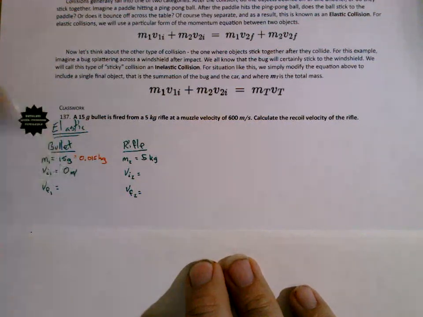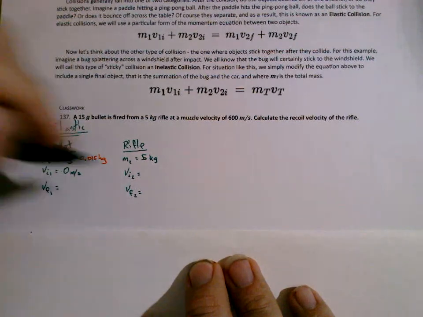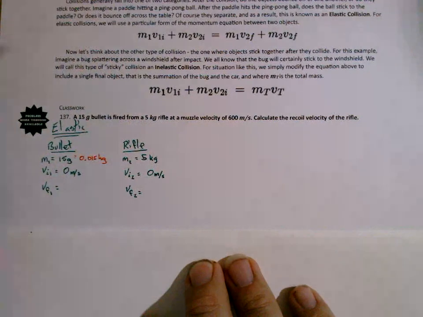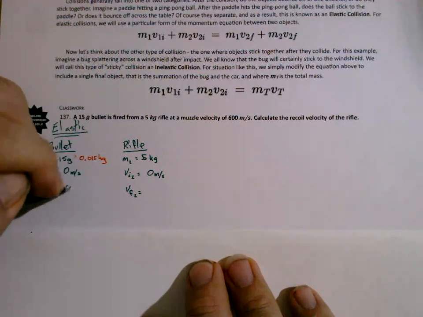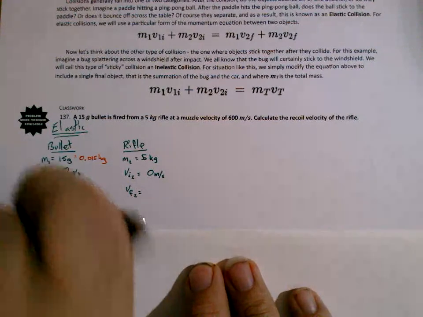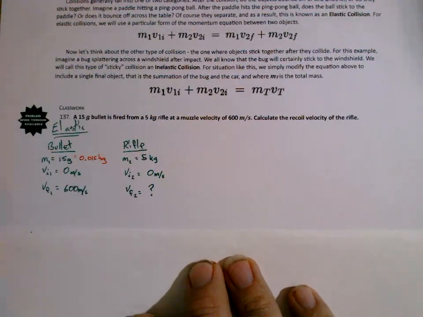Because if we think about the bullet in the rifle before firing, both the bullet and the rifle are not moving. Once it's fired, the bullet is shooting at 600 meters per second in one direction, and the rifle is going to recoil and go the other direction. So the recoil velocity, the final velocity of the rifle, is our unknown.